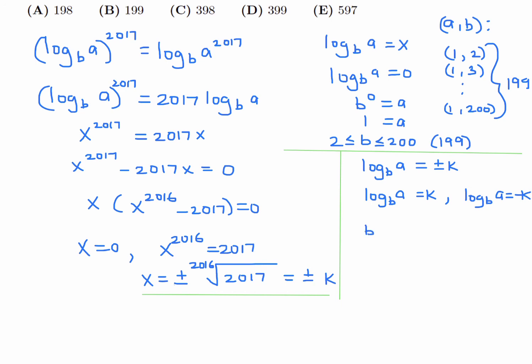For the first one, B to the power k is equal to A. So again, we're going to have a whole bunch of pairs where A is fixed as B to the k, and B can be 2 and 3 all the way up to 200.